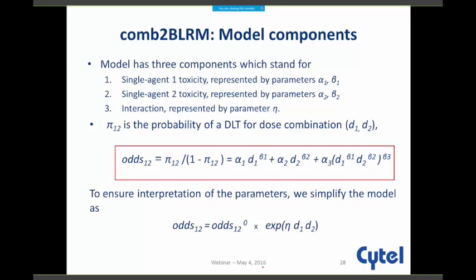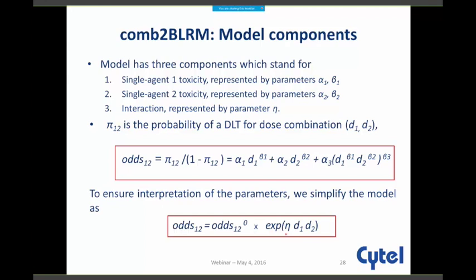So in our case, to ensure interpretation of the parameters, we are working with what Neuenschwander et al. worked with, this relationship here, which essentially models the odds of a DLT at any dose combination as a function of the odds when there is no interaction times a term that involves the interaction, which, as I said before, can be either synergistic, antagonistic, or there could be no interaction at all.